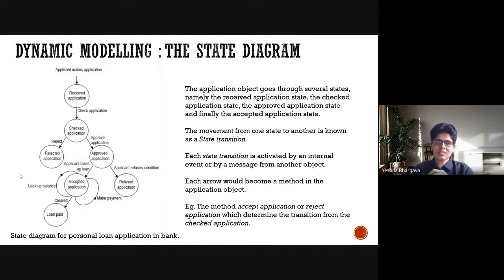So this is an example of dynamic modeling, although there can be much more complex dynamic modeling diagrams as well. But for this class, we will limit our understanding of dynamic modeling to the state diagram. Interested students can definitely explore more about dynamic modeling.